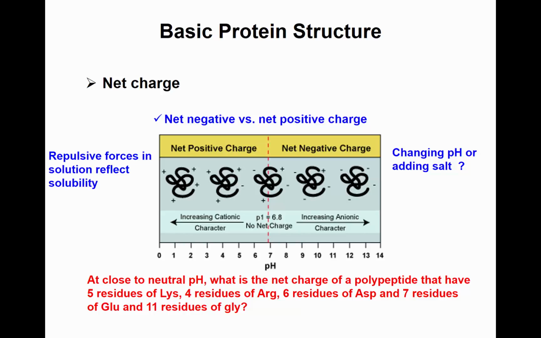Okay, so think about it in simple terms. There's actually a chemical equation that you would derive the charge from when you know the composition, but we're not going to go there. But think about what would be the charges of lysine, arginine, aspartic acid, glutamic acid, and glycine at neutral pH. And from there, derive the net charge of that polypeptide.